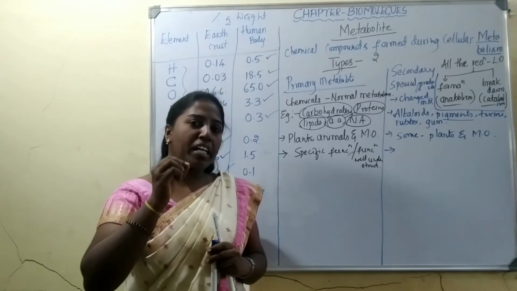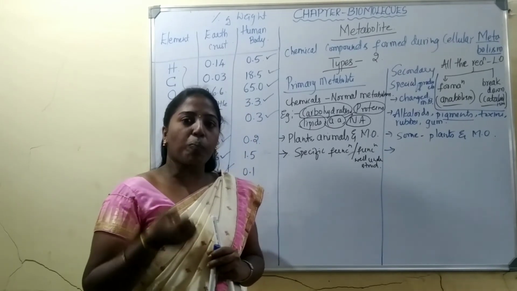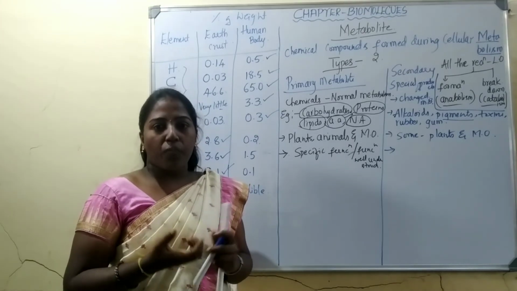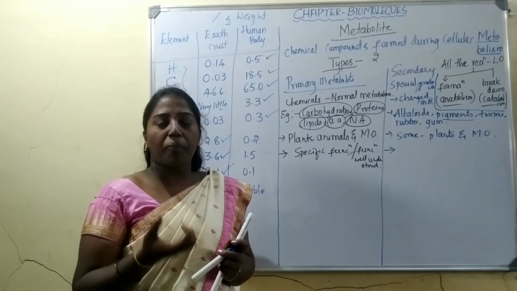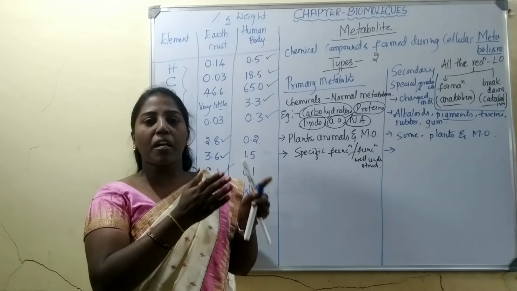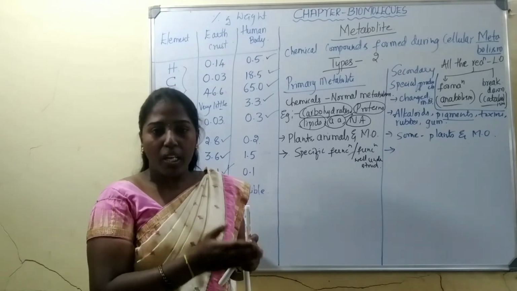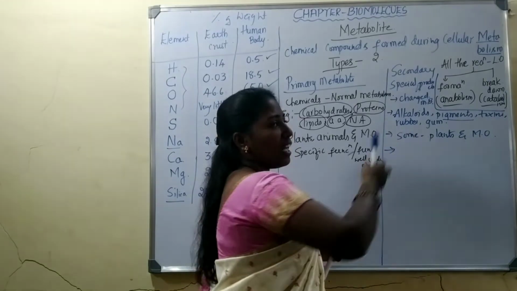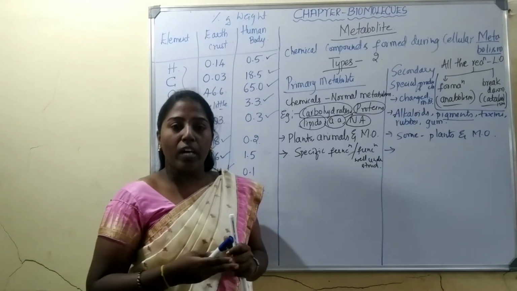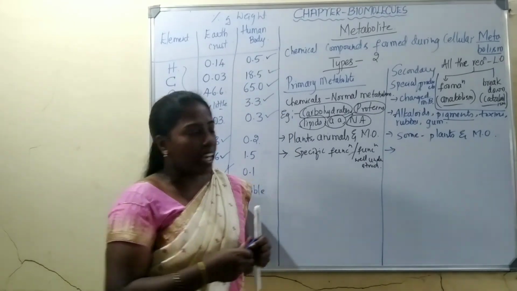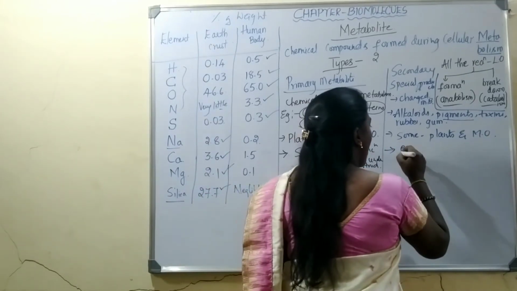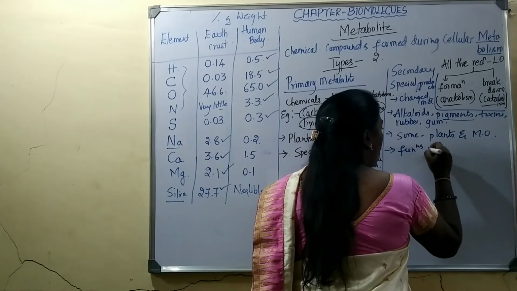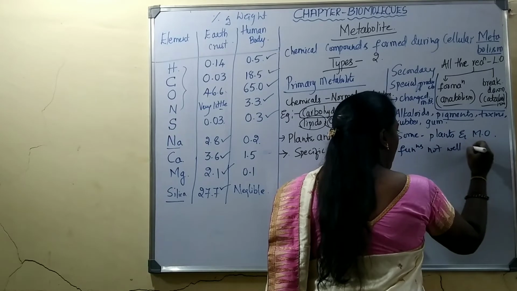But this carotenoid is present in the root part. So in the root, we do not know what role is played by the carotenoid in that particular plant. Like this, most of them, like alkaloid, rubber and all, their functions are not well understood.